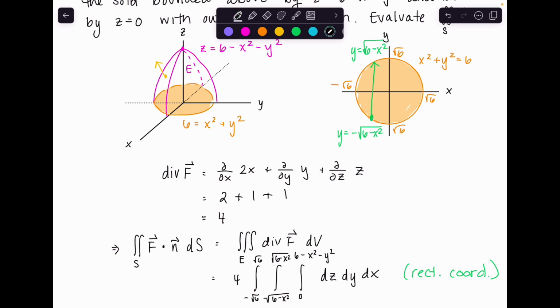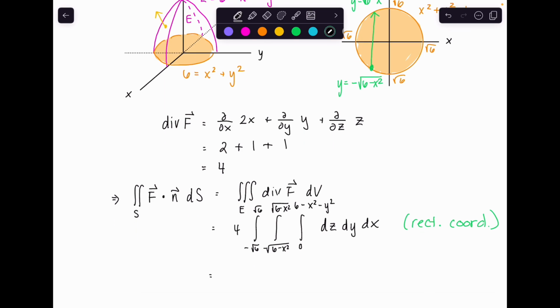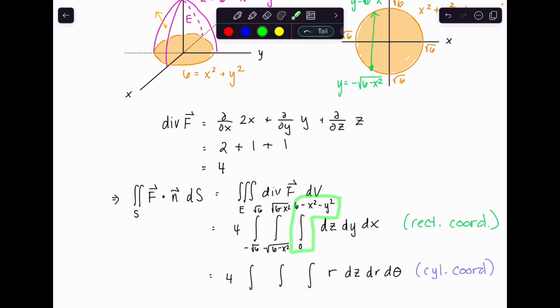But again, because it's circular, it's going to make a lot more sense to use cylindrical. So this turns into a triple integral still, and then the dy dx turns into r dr d theta, and z just stays as is. For the bounds on z, we look at z's component.